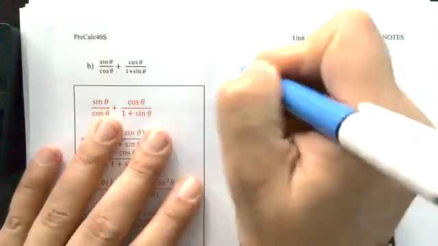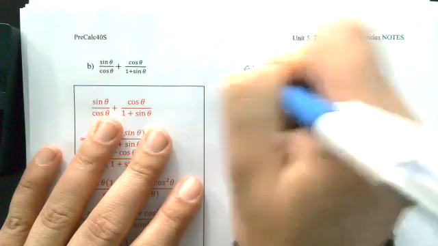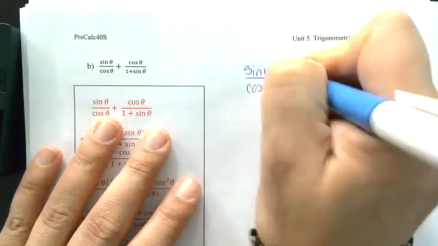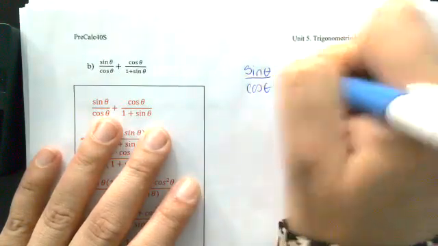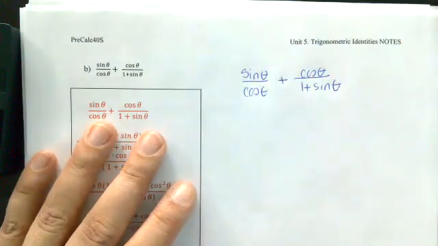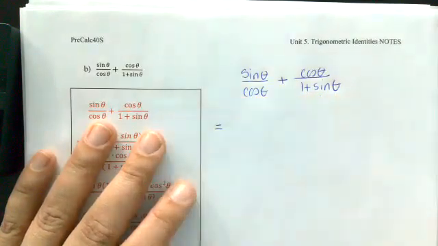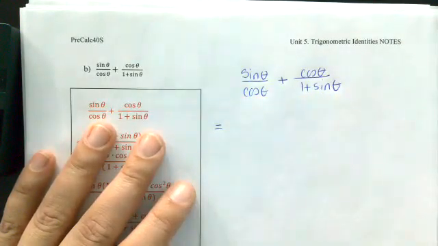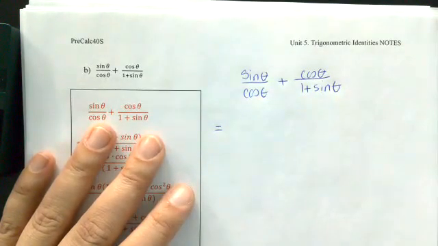So we have sine theta over cos theta plus cos theta over 1 plus sine theta. The rule of thumb is usually if you have anything that's not in terms of sine and cosine, to exchange it into that. When you have no idea, usually you go there, okay?